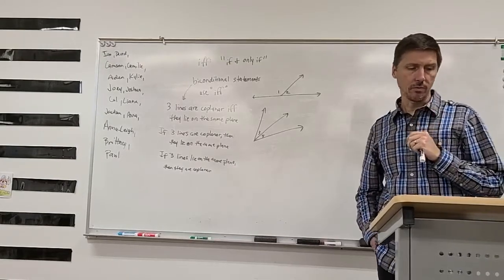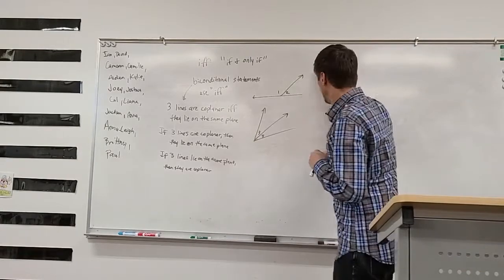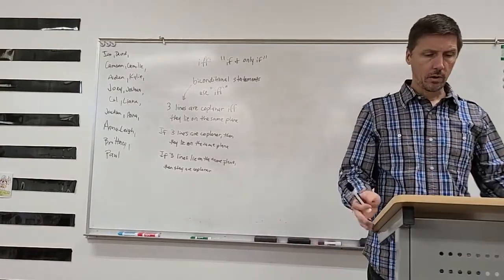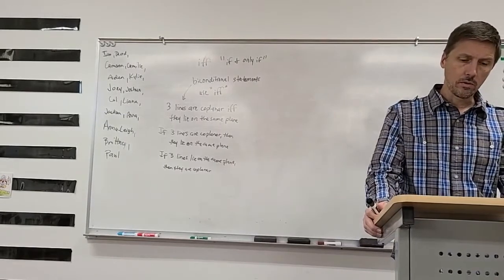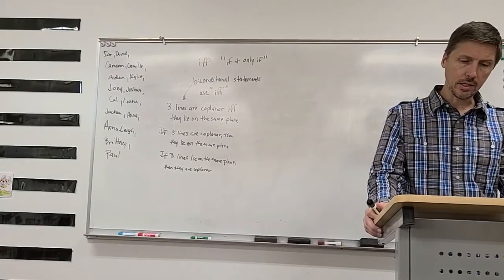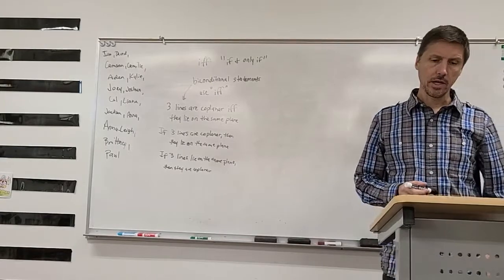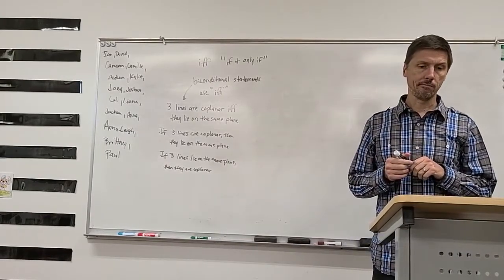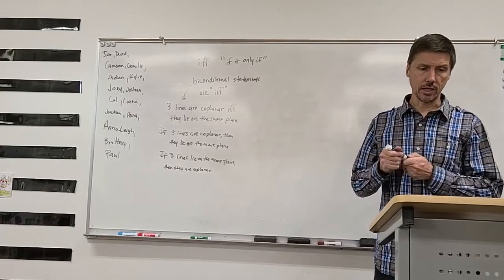So they have an example 4 here where they give us a statement and they say, write the converse of it, and then if both are true, then write a biconditional statement for that. So let's do this.